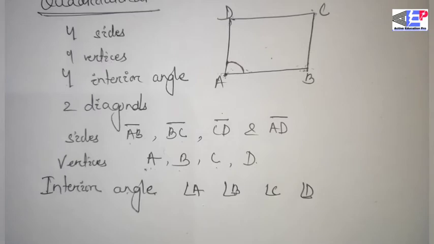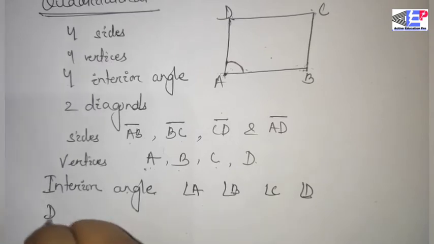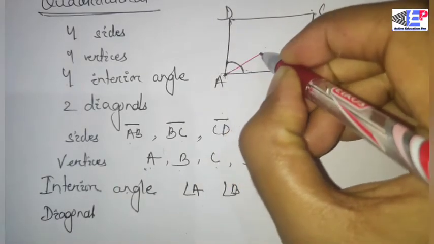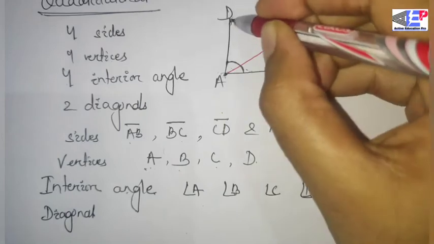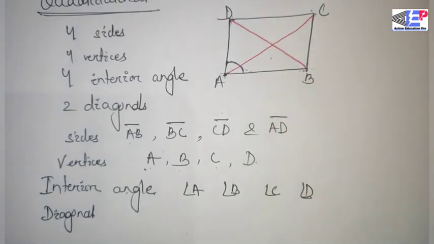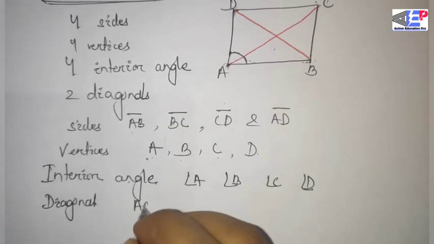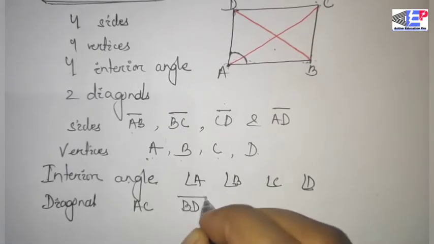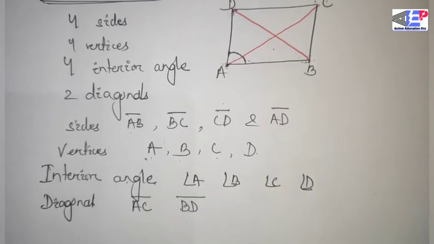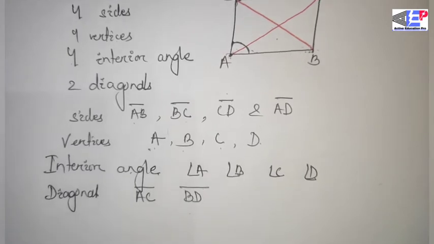And next, diagonals. There are 2 diagonals. One is AC and another is BD. Yes, AC and BD are both line segments, so we denote them by putting a line above the name. First know what a diagonal is.